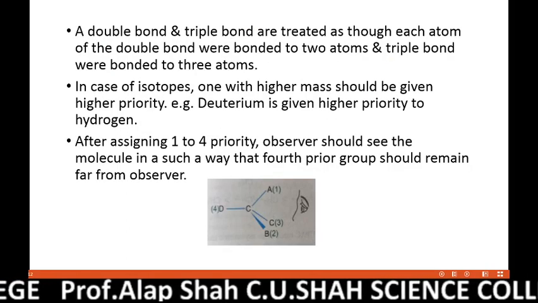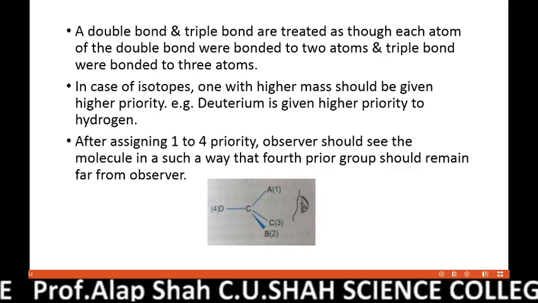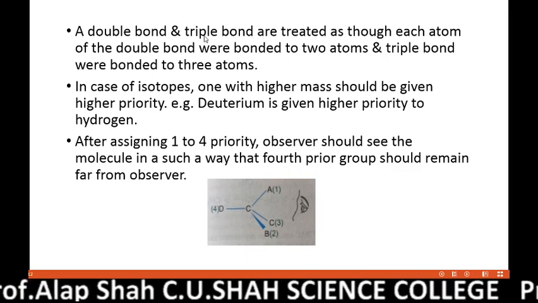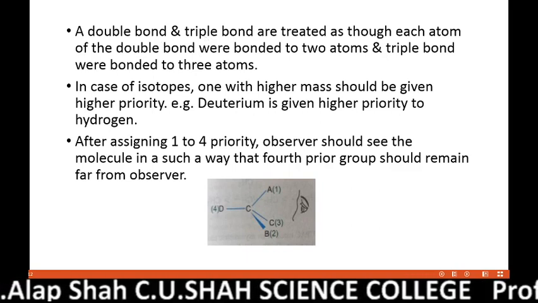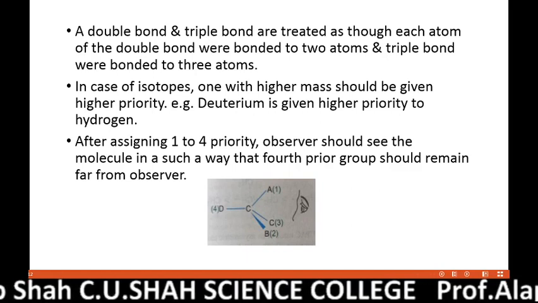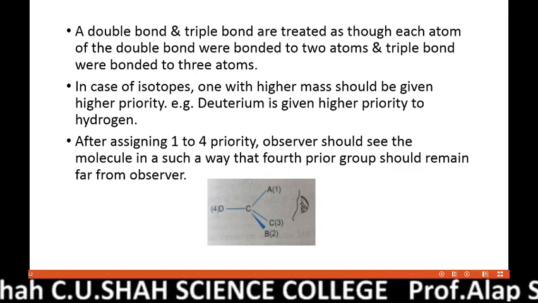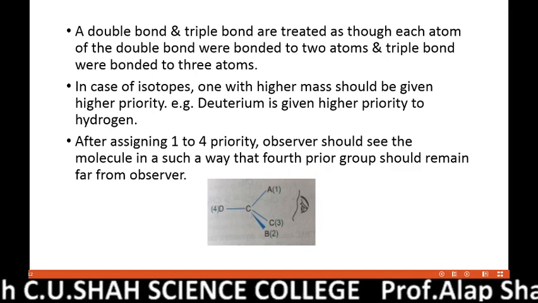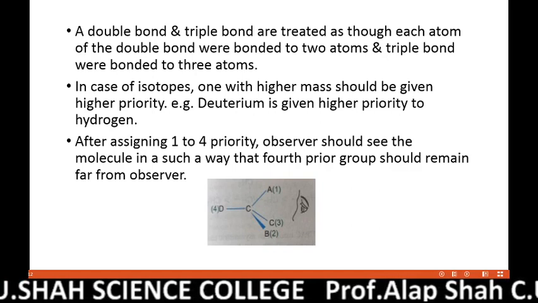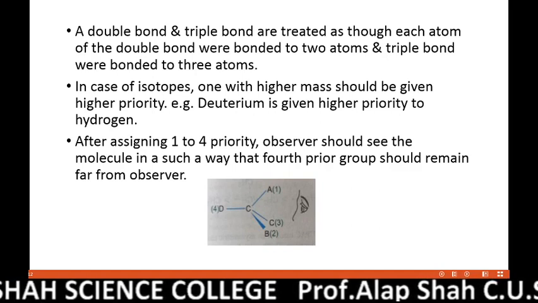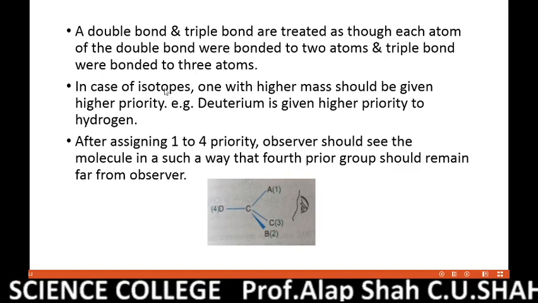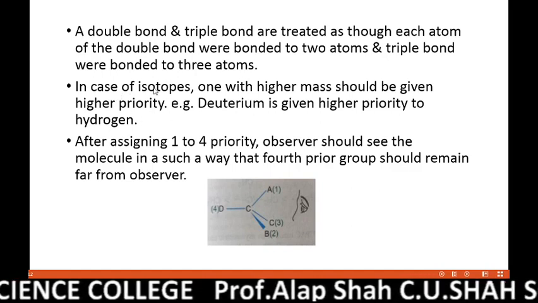One more point. Whenever a double bond or triple bond is present in the structure, we treat them as if there are two or three single bonds. So whenever there is a carbonyl group, carbon double bond oxygen, we consider it as two carbon-oxygen single bonds and then determine the priority. This is an interesting rule. The fourth one is when isotopes are present.